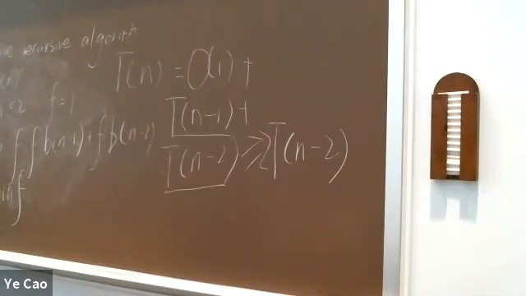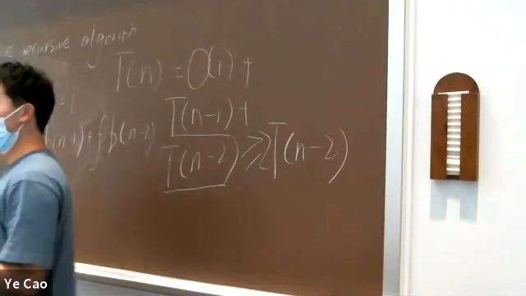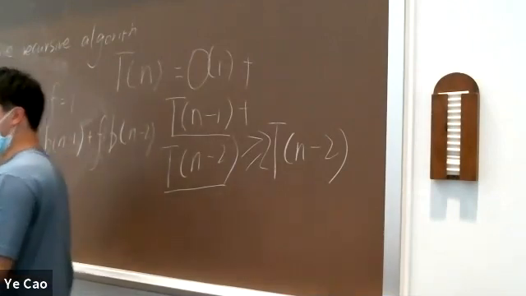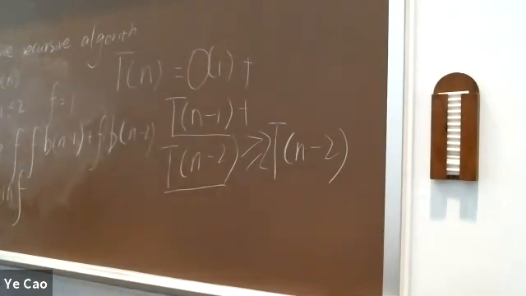Okay, and so what would be the improvement that we can make to this algorithm? Any idea? The improvement is actually kind of intuitive. Let's see why this algorithm is so bad.